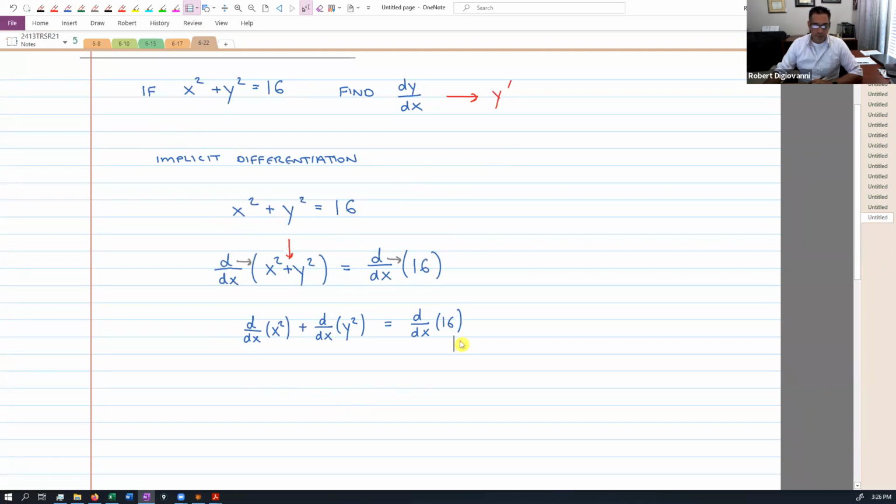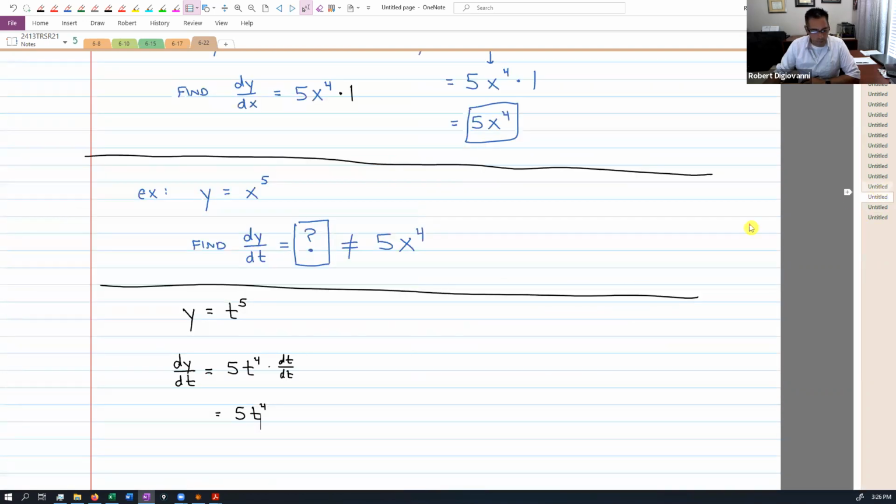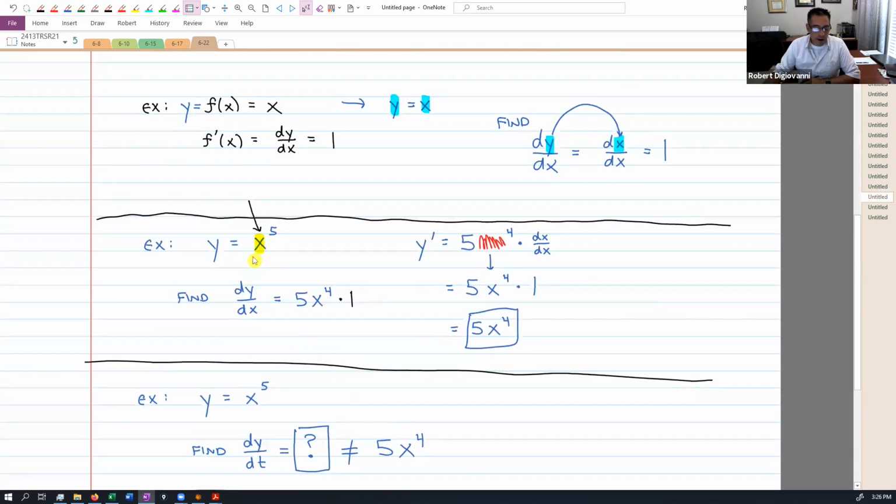Now, here we go. This is where things start getting a little wobbly for people. Remember when I started this? I told you that from now on, I want you to be thinking about taking derivatives differently. Like x to the 5th, which was like 2 hours ago, everyone's taking the derivative of that, just saying 5x to the 4th, and you're done.